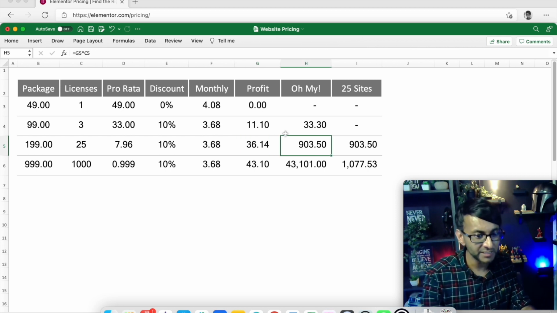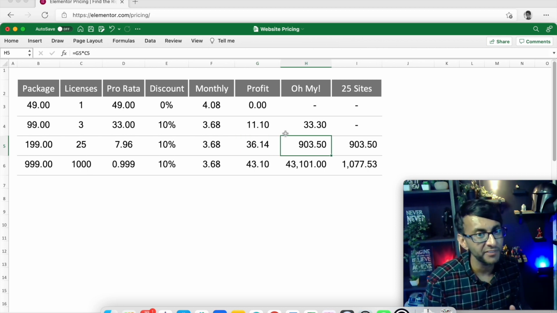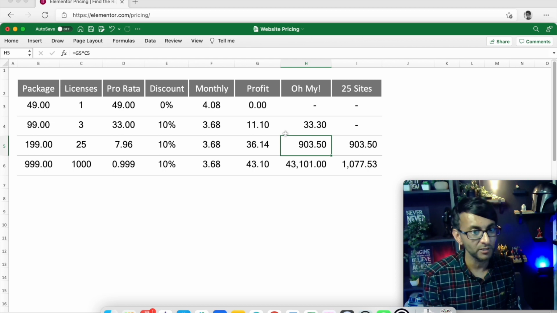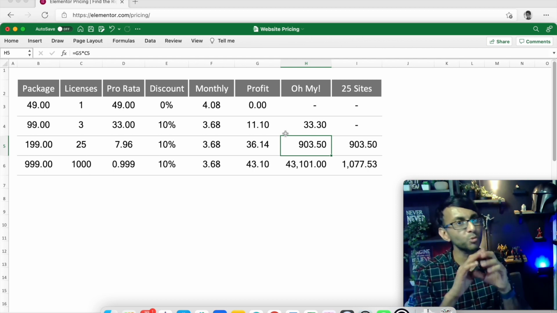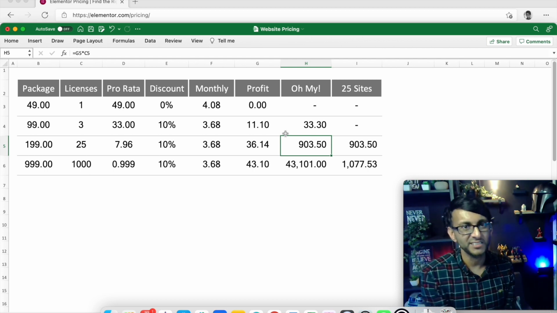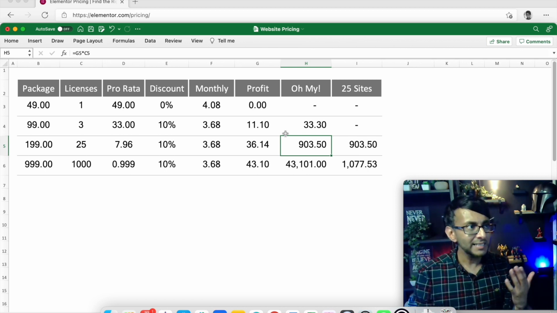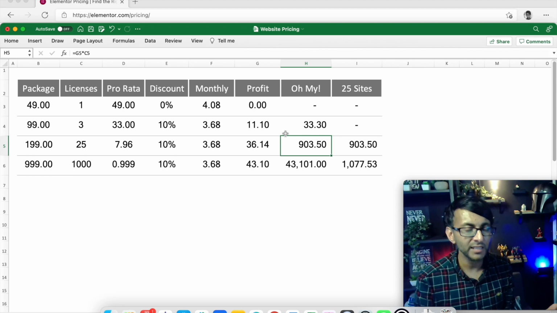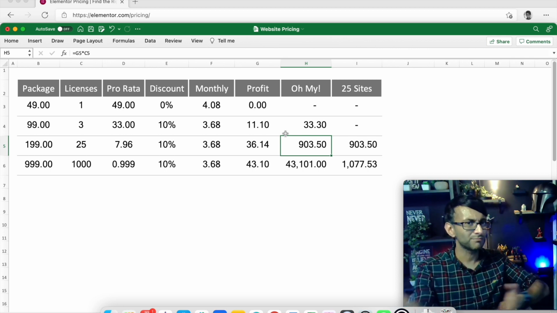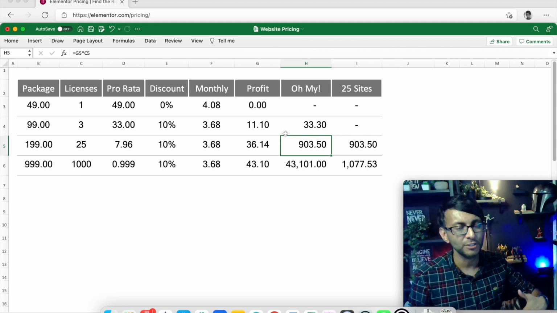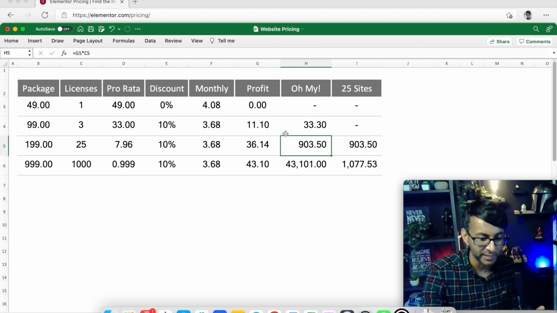That means that if you do all 25 licenses, that's $903. Let's say you only use up 25 a year. Well, that's quite easy because it's 25 anyway. It's still $903. Clear daylight profit. Of course, you've got to get the work, it's not going to just fall out the sky and land in your lap. You've got to do the work, but this is a great way to do it.